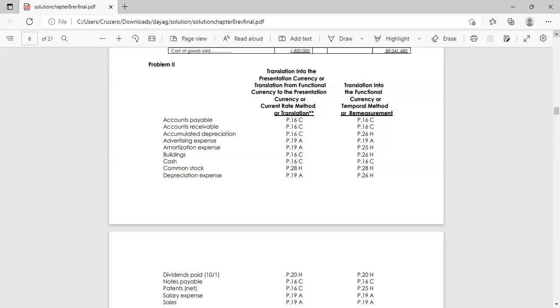Take note of these rules on pages 706, 707, and 708. On page 706, we have the balance sheet accounts and the income statement accounts in the use of the two methods, so we have the comparison of the two methods.